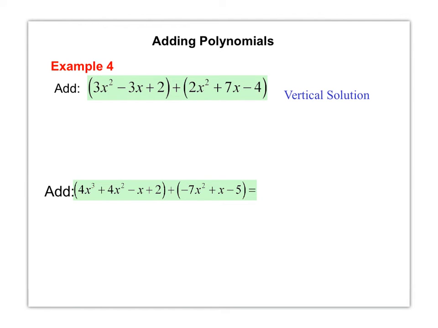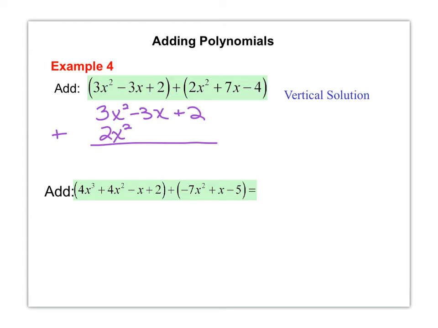We can also look at adding polynomials by using a vertical solution. So when we're adding polynomials using a vertical solution, we're rewriting the problem so that the terms line up. So the first polynomial, 3x squared minus 3x plus 2, we'll write that above, and then underneath that we're going to add the other polynomial of 2x squared.